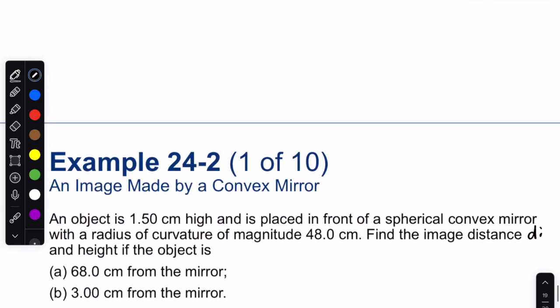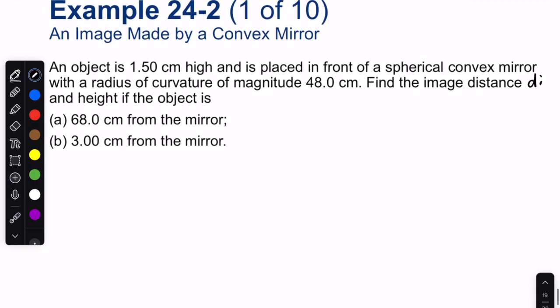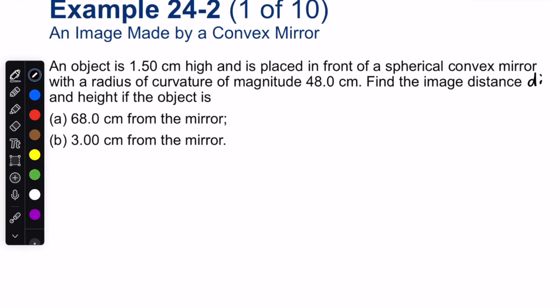So now let's do an example like we did before, but with a convex mirror. We have our same object height, 1.5 centimeters, placed in front of a spherical convex mirror that has a radius of curvature of magnitude 48. That tells us we need to include our negative sign, because the radius of curvature is negative for convex mirrors.